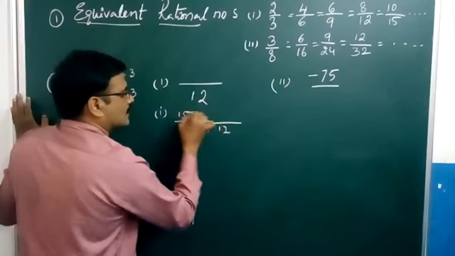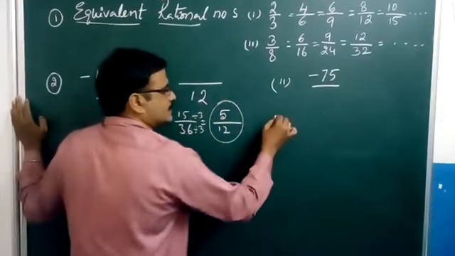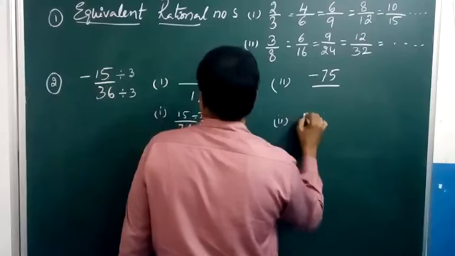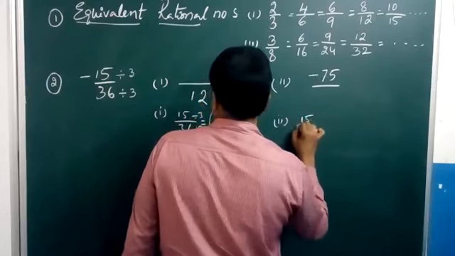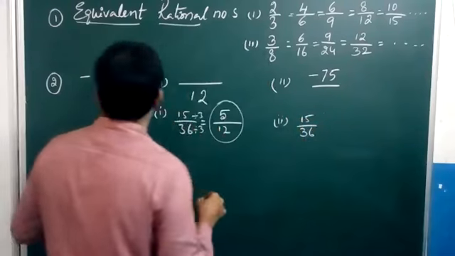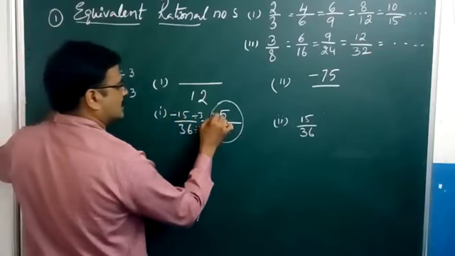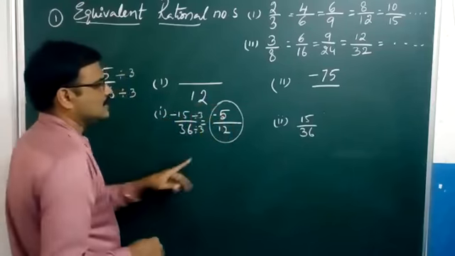So 3 fives are 15. So 5 by 12 is your answer. Okay, sorry children, here you have minus here. So you will be getting minus 5 by 12.